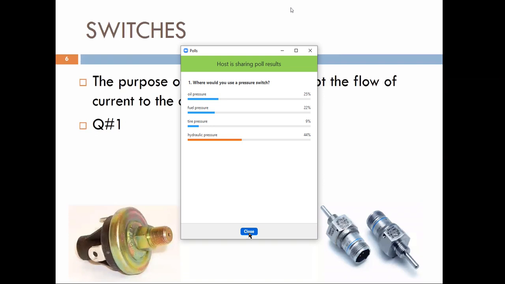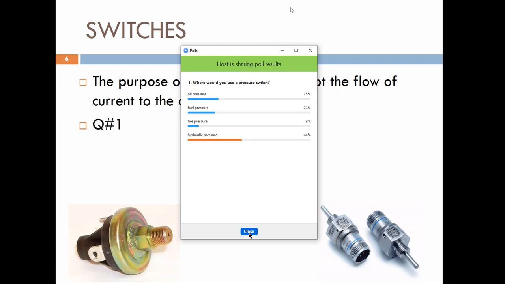So let's look at this: does anyone know where you would want an oil pressure switch? And again, remembering, why would I want a switch to interrupt my current flow?